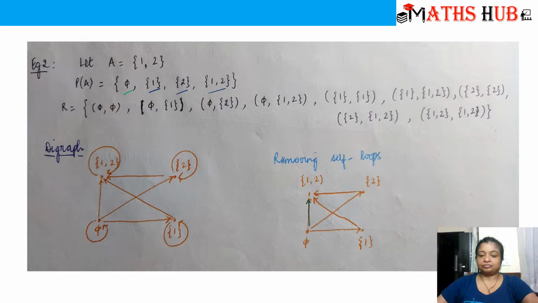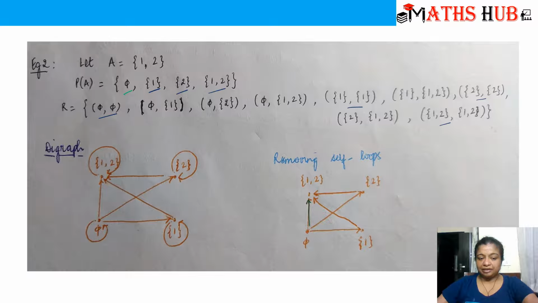So now, the first step is you have to draw the digraph. There are again 4 nodes in this power set. So we keep the first node φ over here, {1} over here, {2} over here and {1, 2} over here, right? So you can see that we have self loops on φ, {1}, {2} and {1, 2}. So all the self loops are drawn, right?